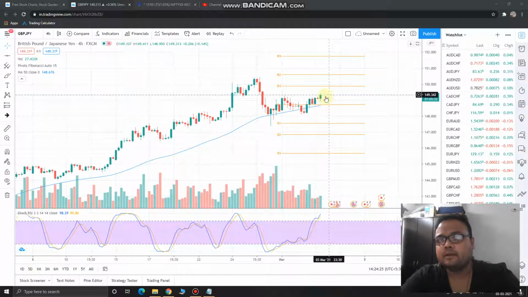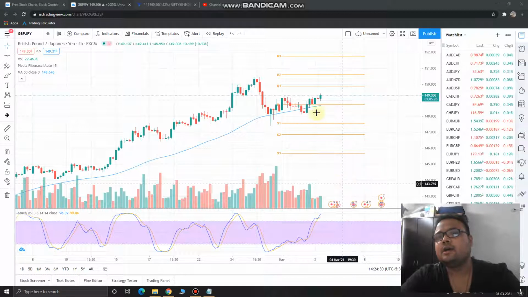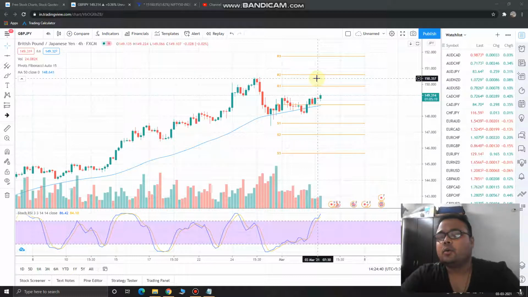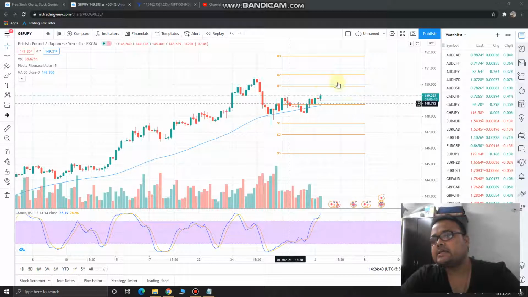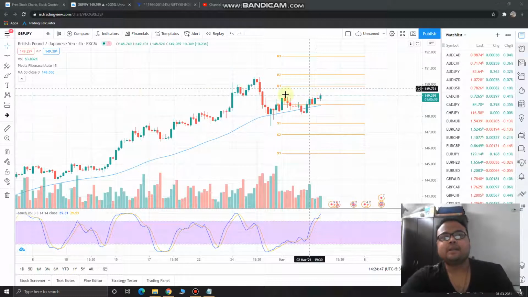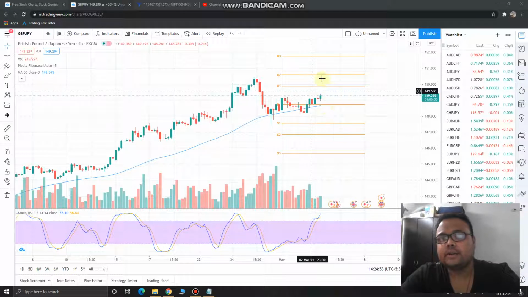And for safer position, you can wait for the stochastic RSI to come down to this oversold level, and then you can initiate a position. And your first target will be this, and if you want to stay longer, then stay long as it is above the 50 moving average. Simple for the day. So this is the simple analysis of British pound Japanese yen for 3rd March, Wednesday.